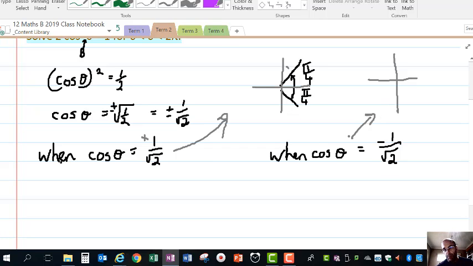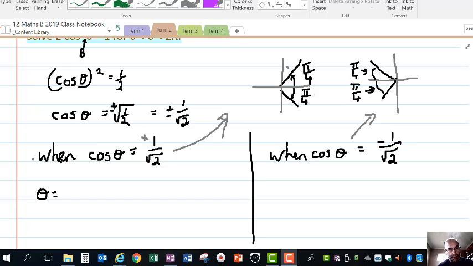The same pi over 4 corresponds with the second case, but it's negative, so we need to look at quadrant 2 and quadrant 3. So we'll have pi over 4 as the acute angle there, and pi over 4 as the acute angle there. So let's find theta in each case.